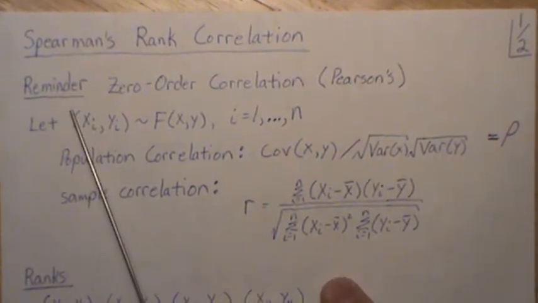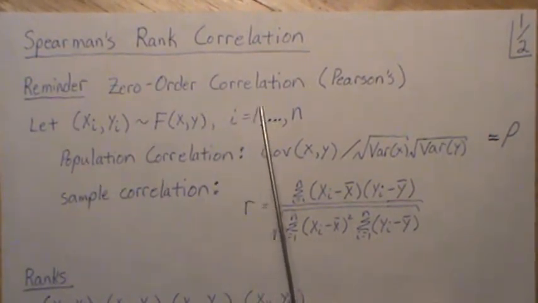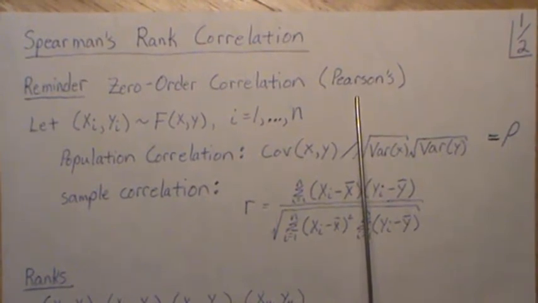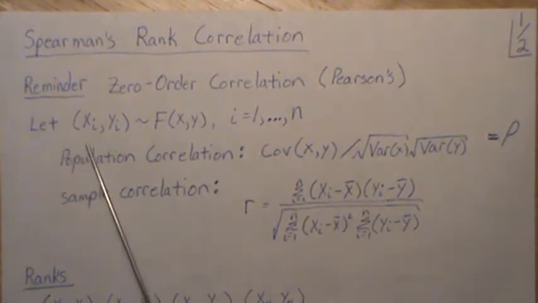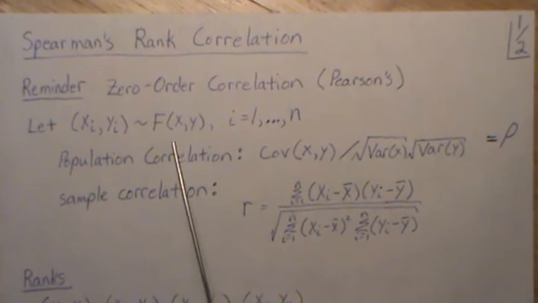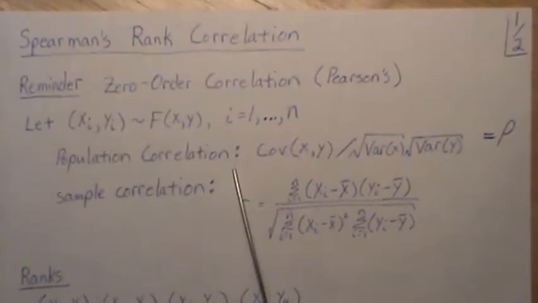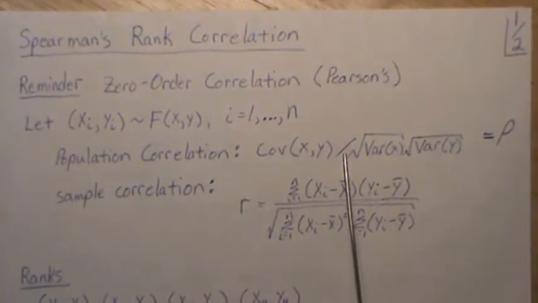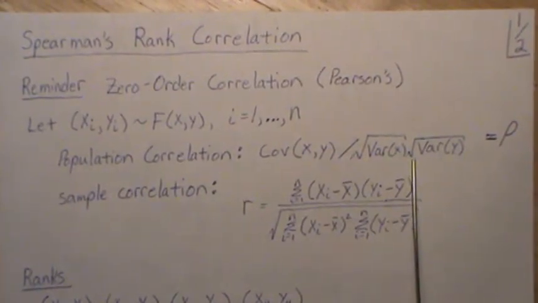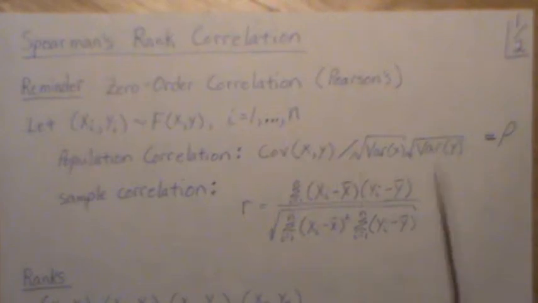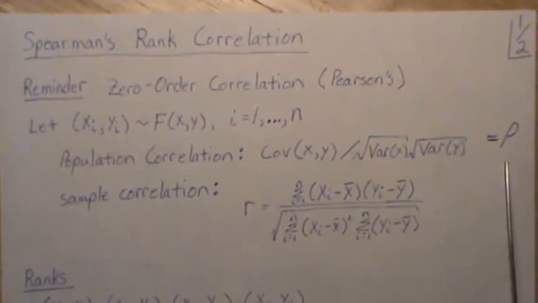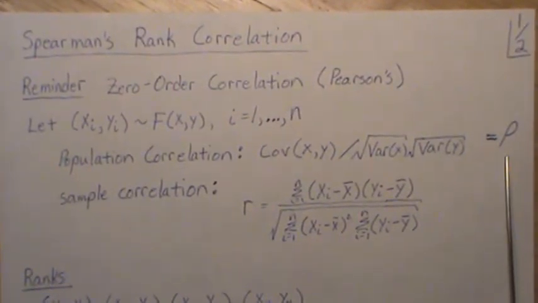Now, as a reminder, the zero-order correlation, or just commonly called Pearson's correlation, is between bivariate variables distributed with some distribution. Now, the population correlation is the covariance divided by the product of the standard deviations. And since it's population, we let it equal some Greek letter, typically rho.